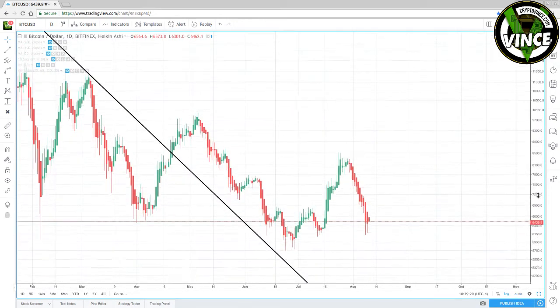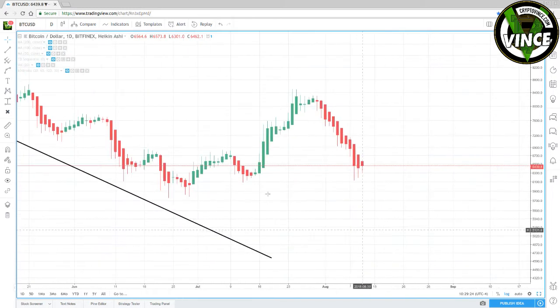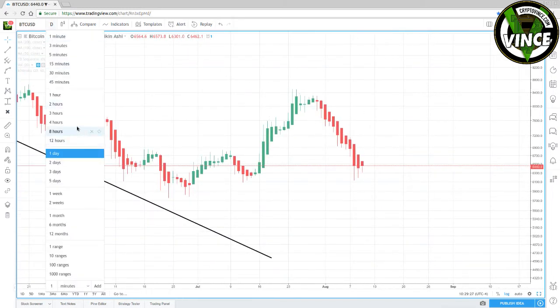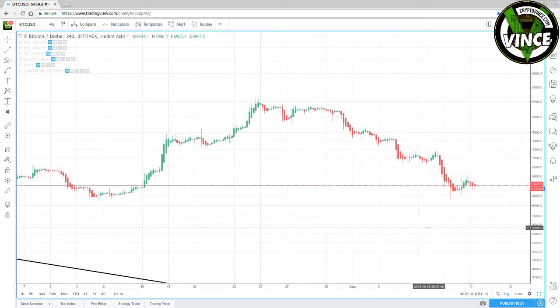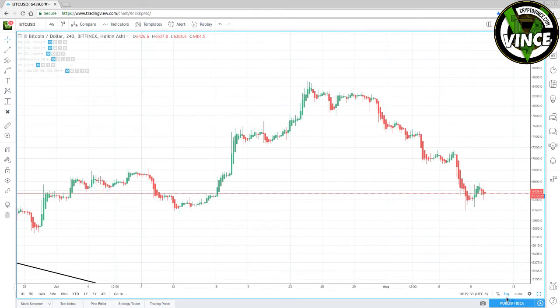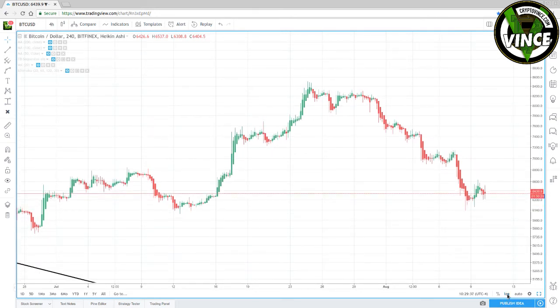If we take just a certain part of the trend, or let's say a 4-hour chart, and I want to see this part, and I click logarithmic scale and linear scale, it's not gonna change too much. You guys see that?